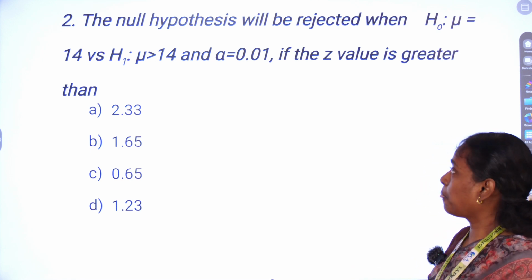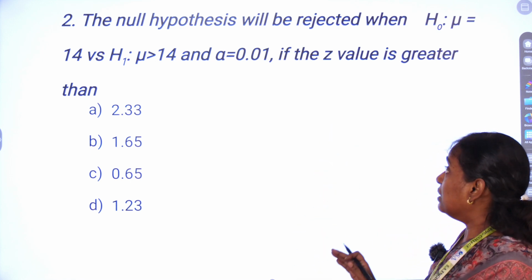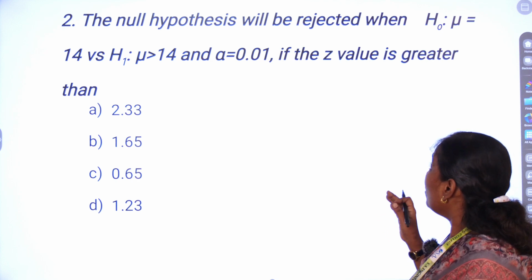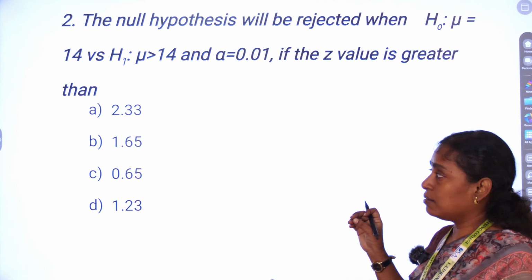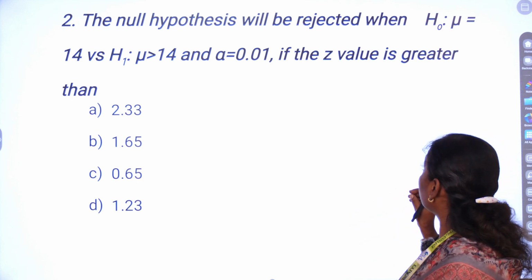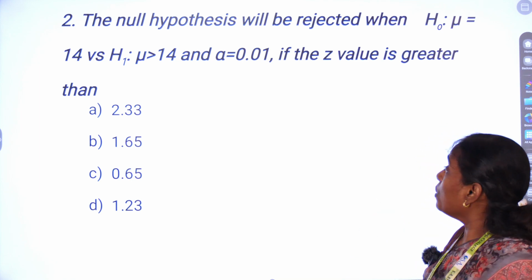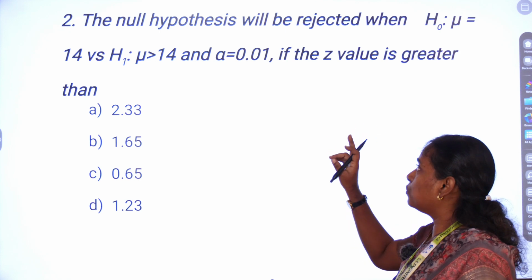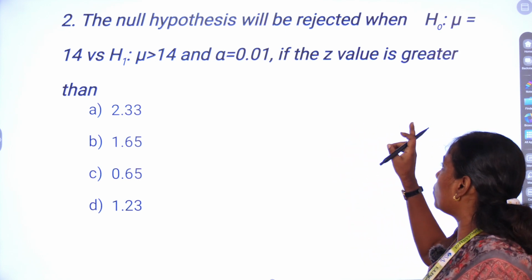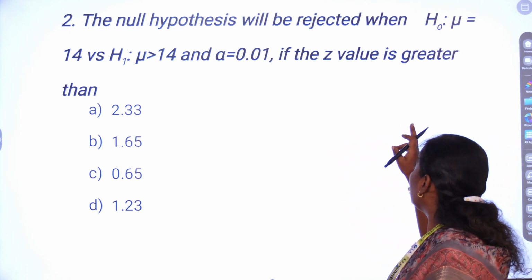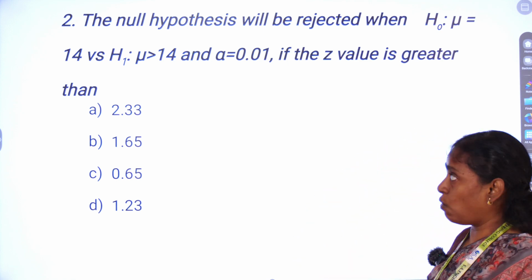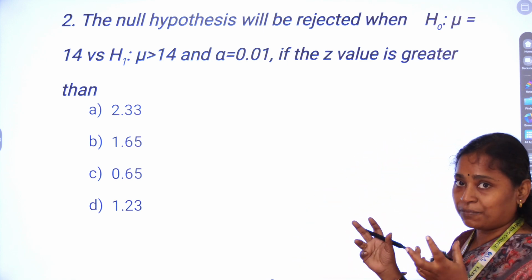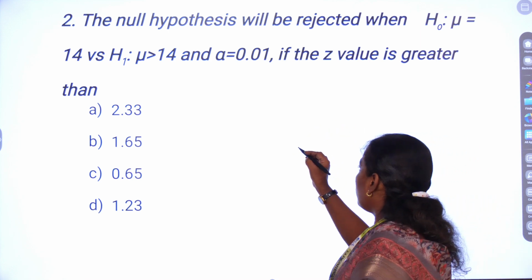Now next. The second question is, the null hypothesis will be rejected when H0: mu is equal to 14 versus H1: mu greater than 14 and alpha is equal to 0.01, if the Z value is greater than what? See what is given in the question. First you have to recollect what all is given to us.